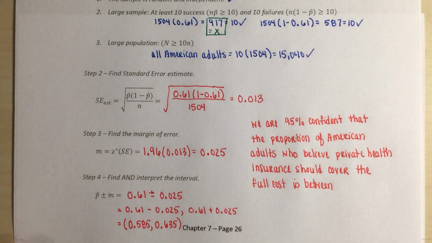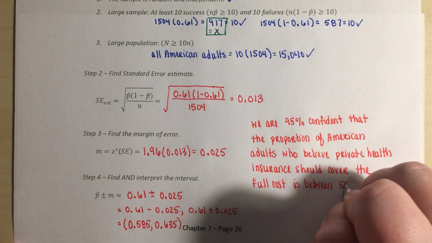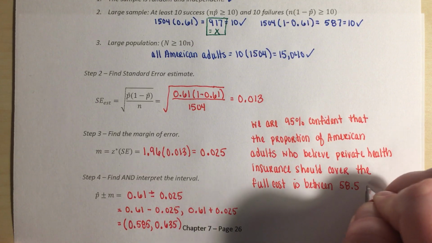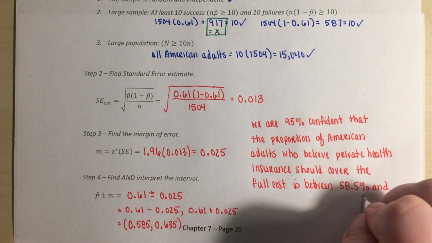Okay, we're going to take those numbers from our interval and change those back to percents. So 58.5% and 63.5%.